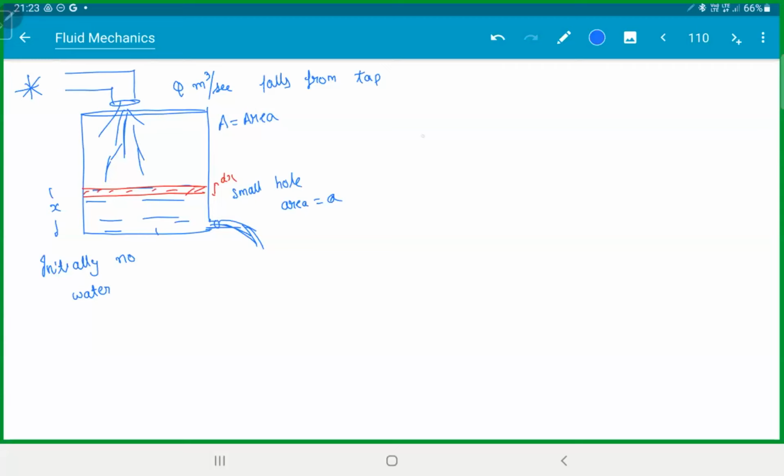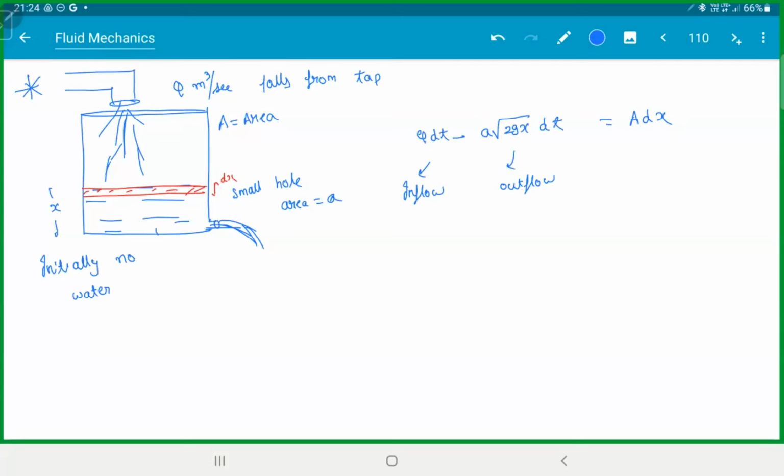will be how much? So inflow will be q minus a into root 2 gx dt. So this is inflow from the tap. This is outflow from the hole. The balance will be a into dx. Is this making sense? Whatever water came inside, that will be Q into dt.